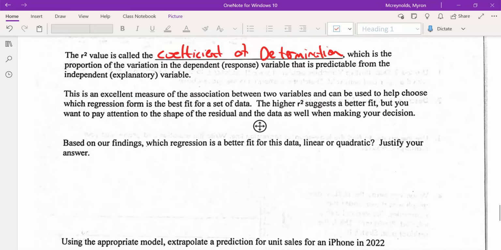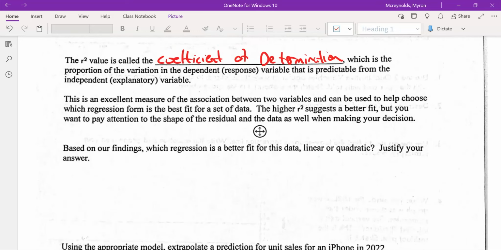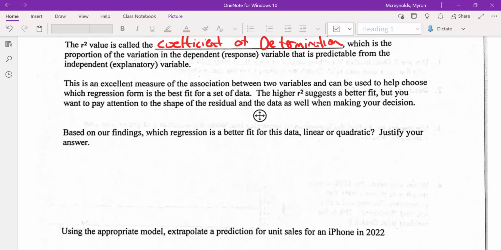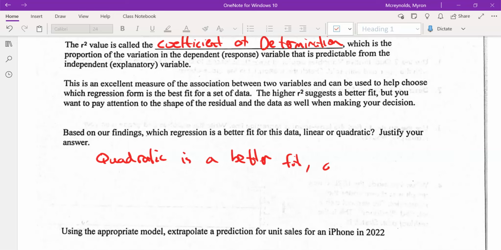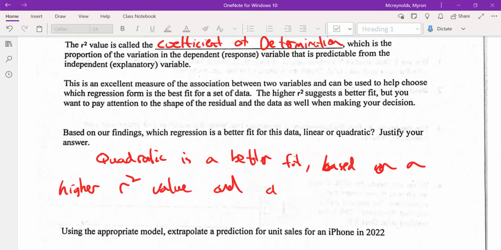So based on your finding, which regression is a better fit for this data, linear or quadratic? Let's say quadratic is a better fit based on a higher R squared value and a better residual plot.